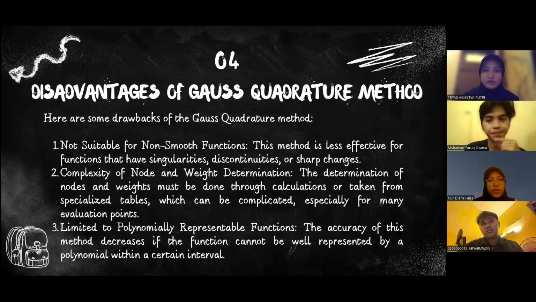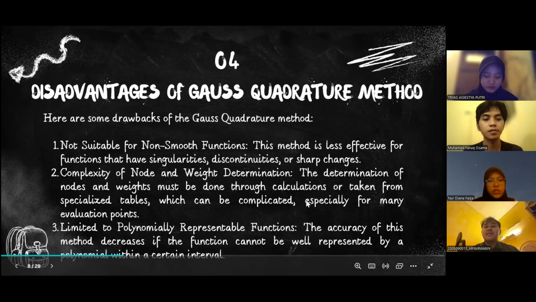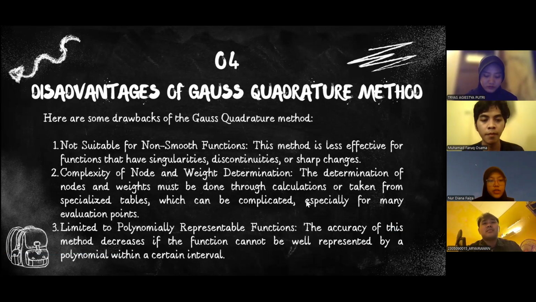Second, complexity of weight determination: weights must be determined through calculation or taken from special tables, which can be complicated, especially for many evaluation points. Third is limited to polynomial-representable functions. The accuracy of this method decreases if the function cannot be well represented by a polynomial within a certain interval.